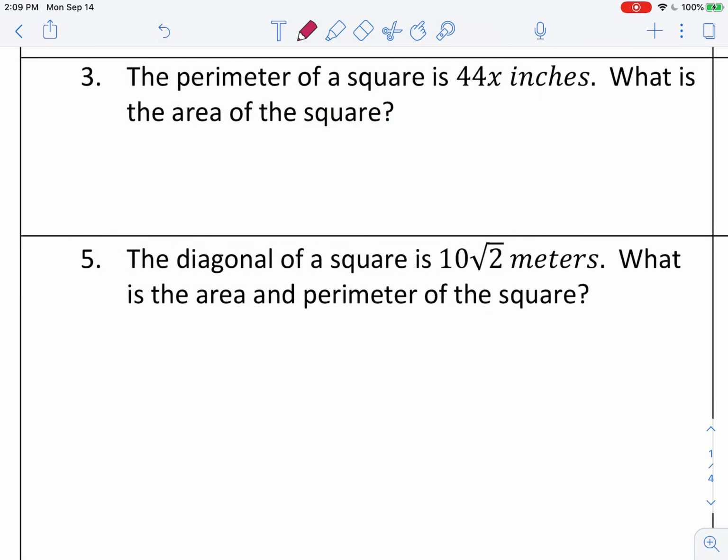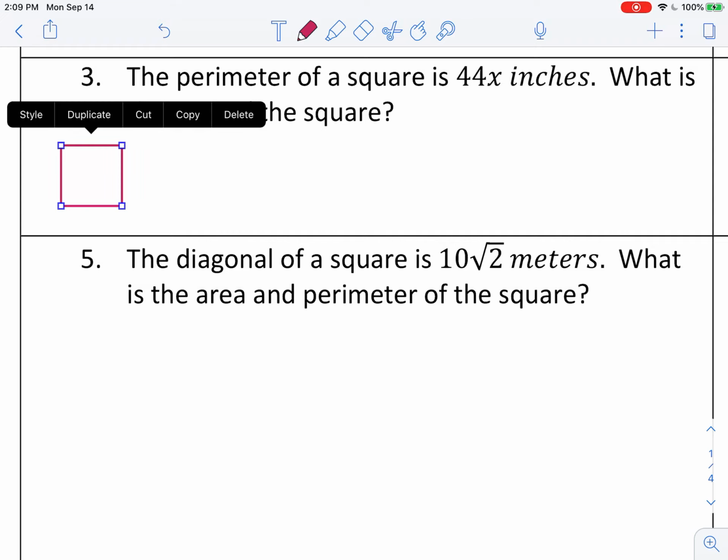If I want the perimeter of a square, oh no, I know the perimeter of the square. It's 44x inches. So picture a square. That's more of a rectangle, but there we go. Remember, squares are supposed to have all right angles. Your picture might not look like it, and that's okay. It's supposed to have all sides the same length.